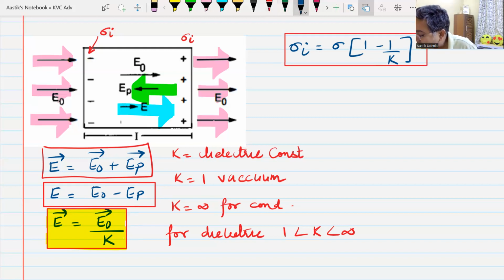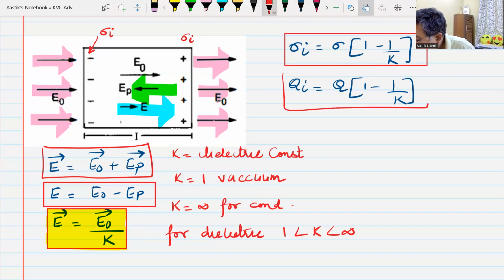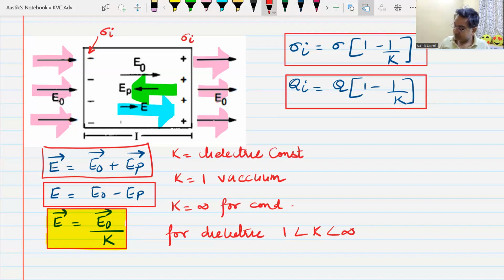If you want to write the formula in terms of the charges, induced charges will be the original charges into 1 minus 1 by K. I'll give you 2 minutes to note this down.